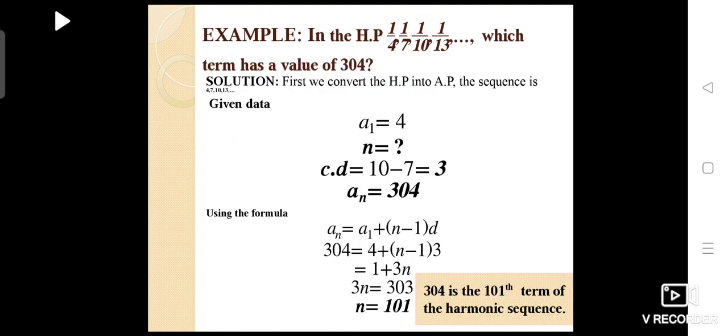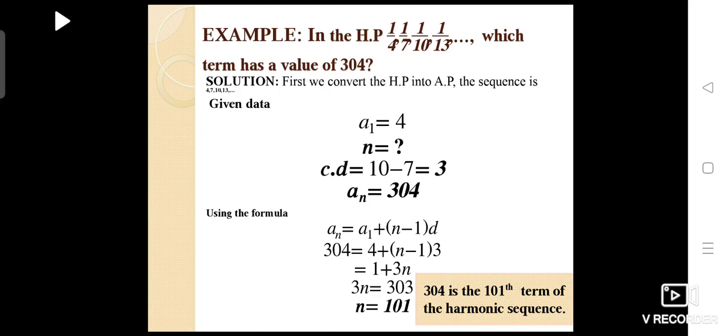Now the next example: in the harmonic progression 1 by 4, 1 by 7, 1 by 10, 1 by 13 and so on, which term has the value of 1 by 304? For this purpose we shift the harmonic progression into the arithmetic progression, so the progression will be 4, 7, 10, 13 and so on.